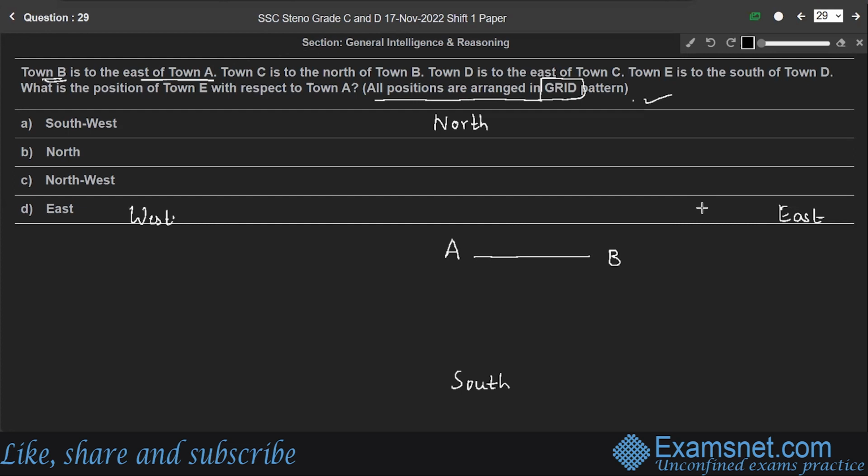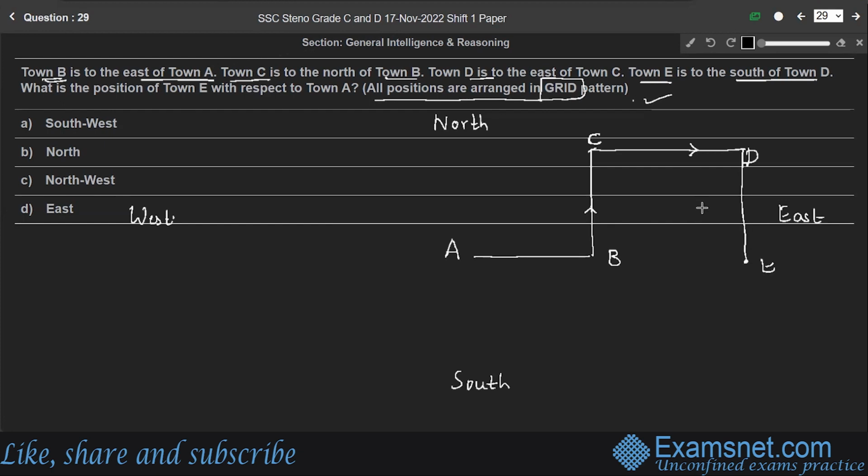Next, town C is to the north of town B, which means in this direction. Town D is to the east of town C, so town D is here. Town E is to the south of town D, like this.